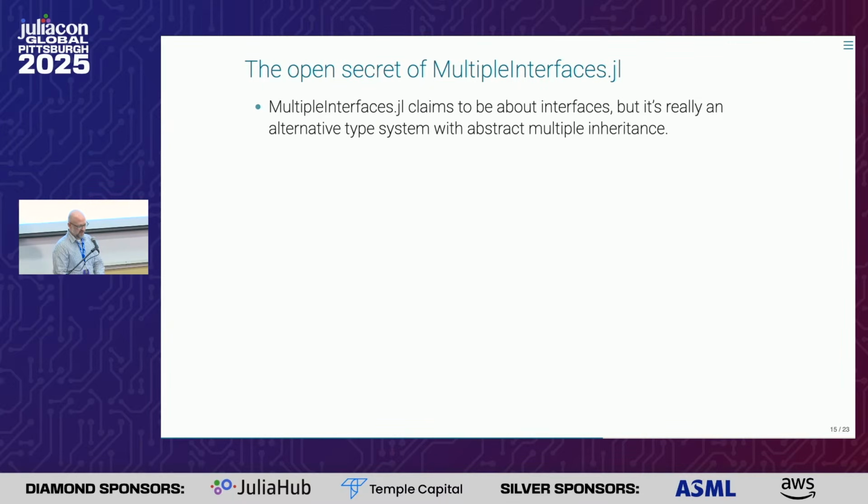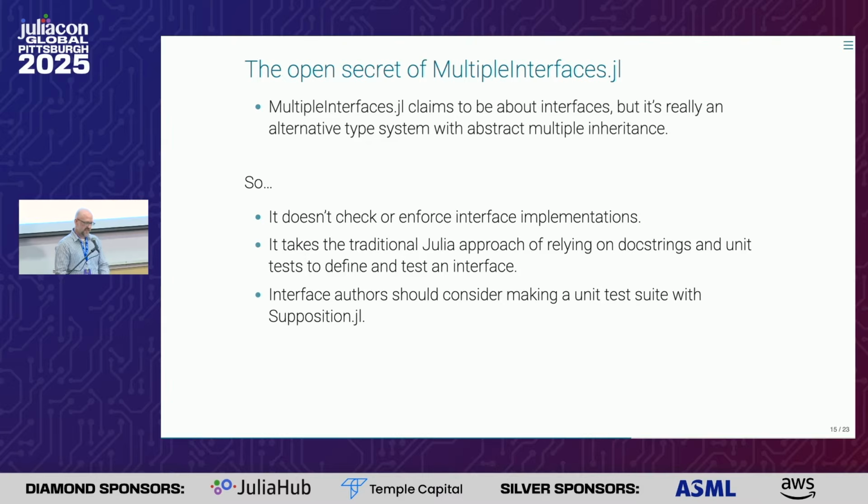So there's kind of an open secret of this package. It's not really about interfaces. It's actually an alternative type system with abstract multiple inheritance. So this has a few consequences. It follows the ethos of regular Julia, where, in this case, abstract types are the interfaces, and multiple interfaces does not do any kind of enforcing or checking of the interfaces.